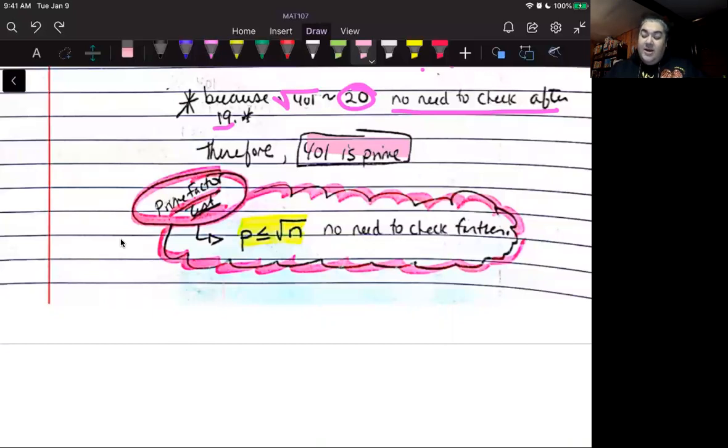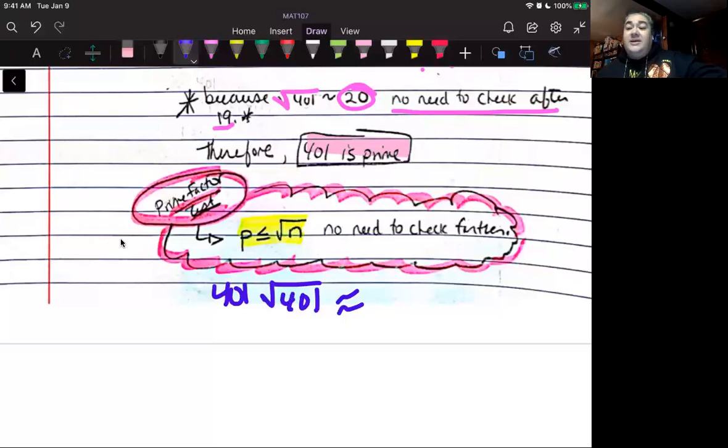If we want to check to see if 401 is a prime number, then we would take the square root of 401, and we would not have to check beyond the prime number closest to it. The square root of 401 is approximately, actually, you know what? Let me just check that for you instead of guessing, because it makes no sense to guess. All right, so I'm going to get my trusty calculator here.